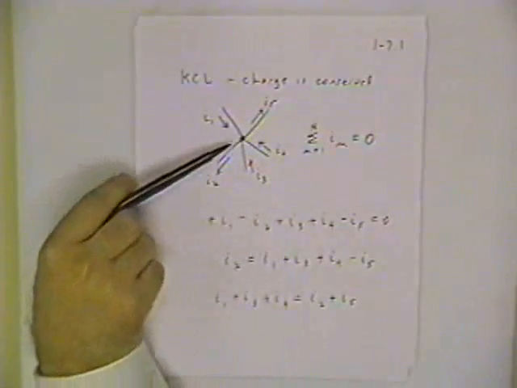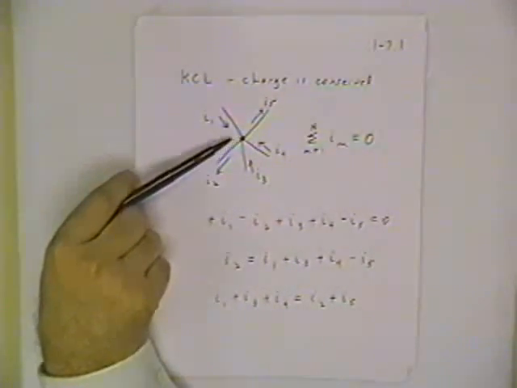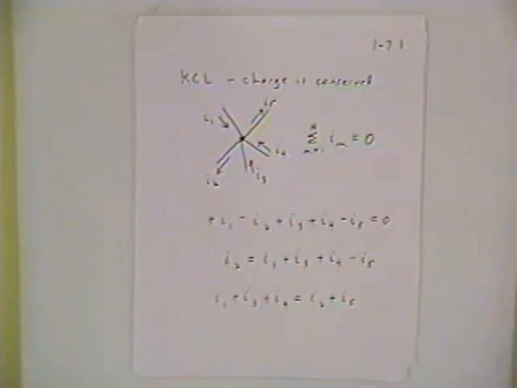Now this KCL is true for an isolated node. It's also true for any sub-circuit within a larger circuit. What we might see in some of our application problems is that you'll have a fairly elaborate circuit with lots of interconnected elements.